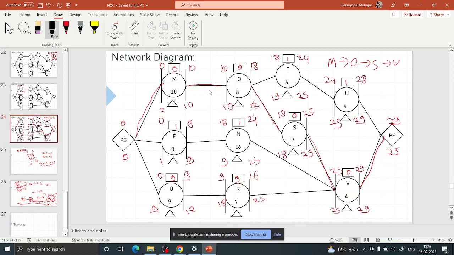Can it be shown in this diagram? Because by the way we are calculating the earliest finish, it is always earliest start plus duration. Yeah, I get your point.